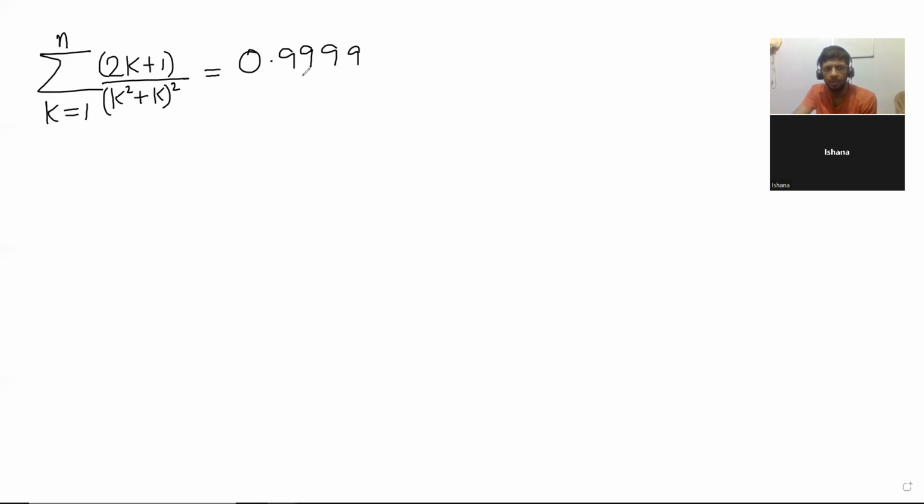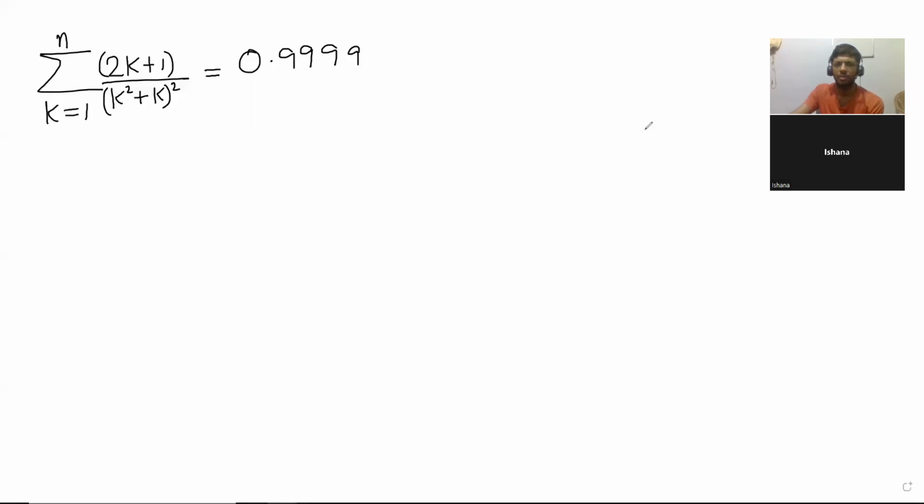Then determine the value of n. So we had done a little bit of partial fractions kind of thing.